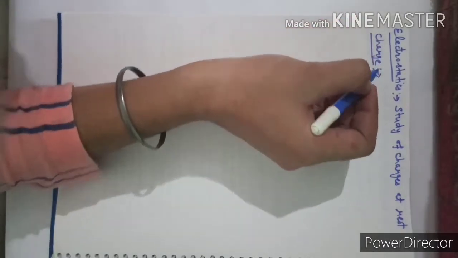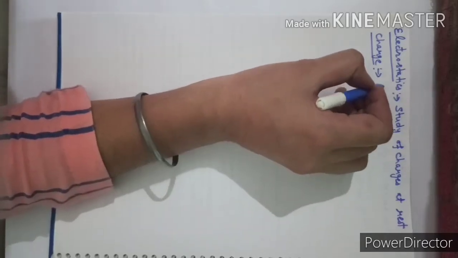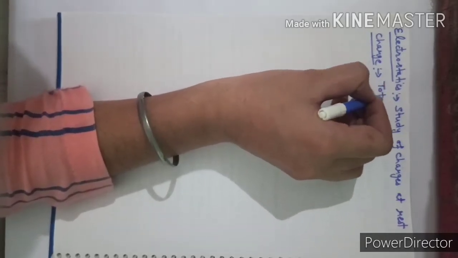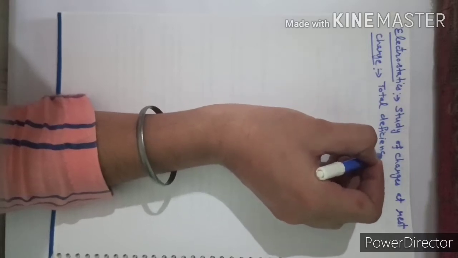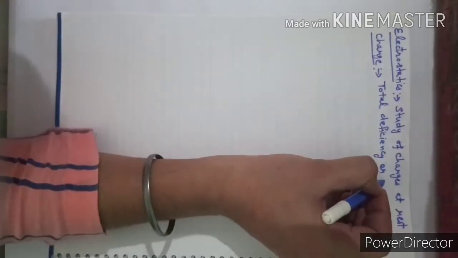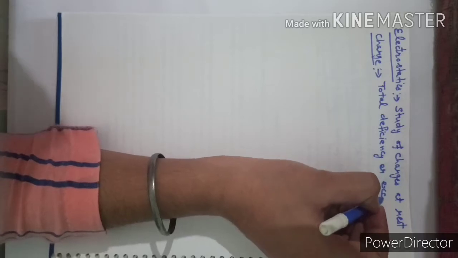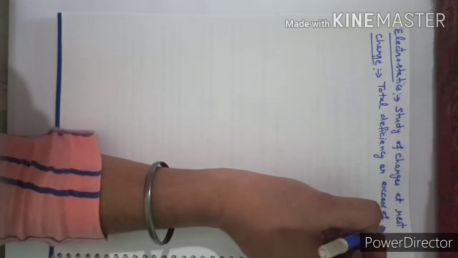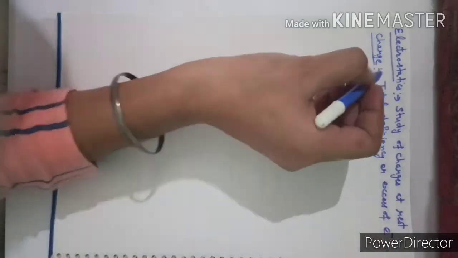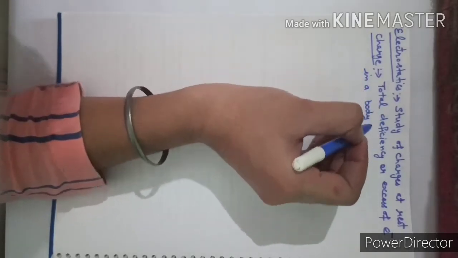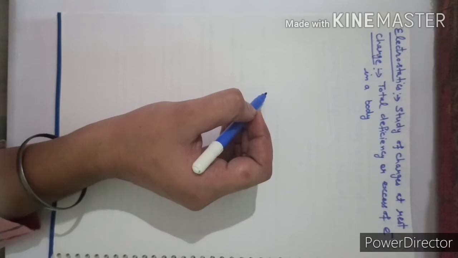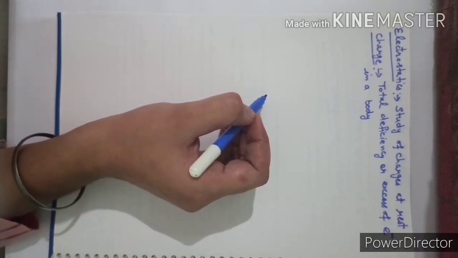What is charge on a body? The total deficiency or excess of electrons in a body is known as charge on a body.